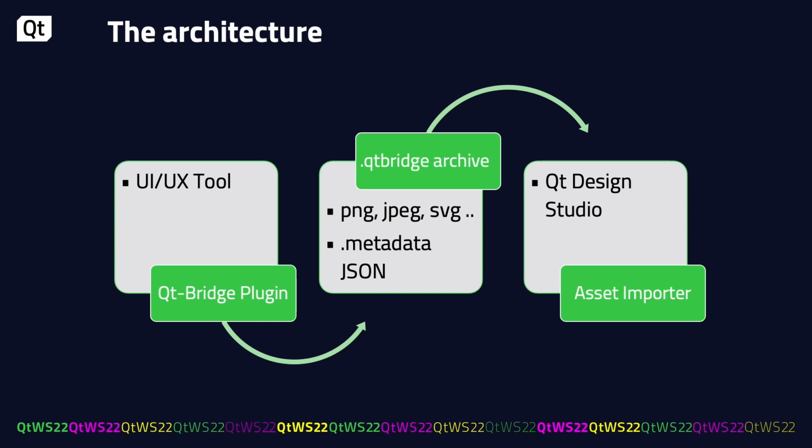So let's look at the architecture. The architecture, like I said, is very simple. You have a plugin in that application, the design tool, and using the plugin, you generate this archive. This archive is basically a bunch of assets and this JSON document that we call the metadata document.